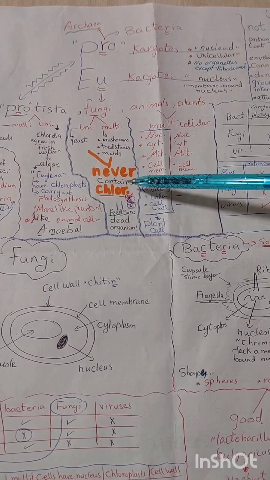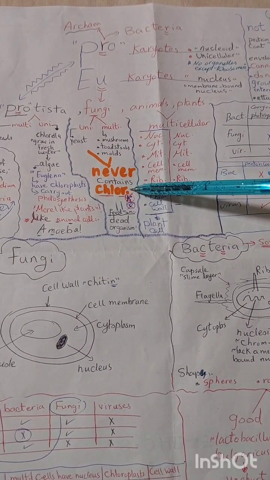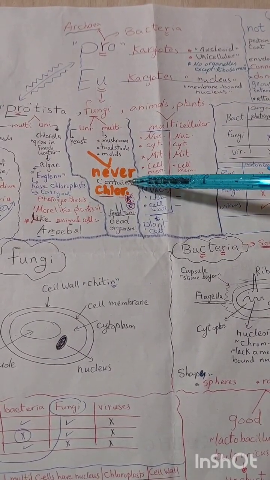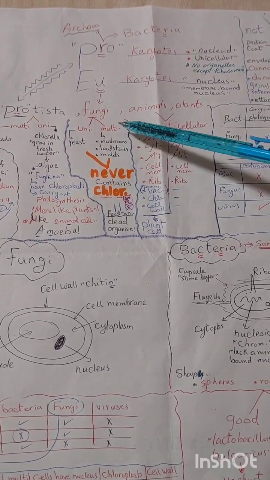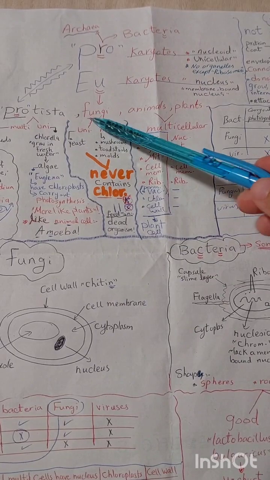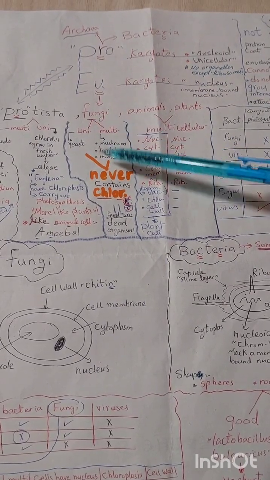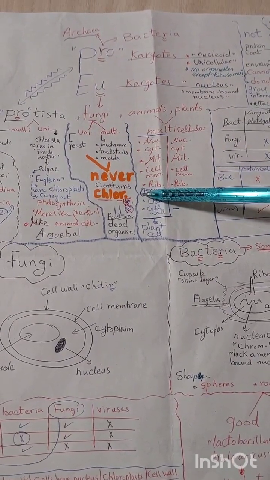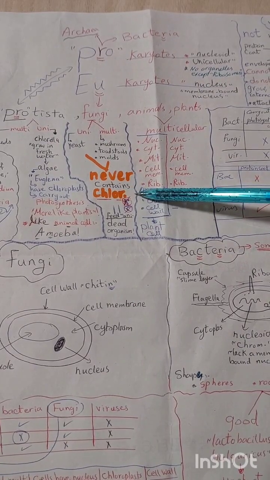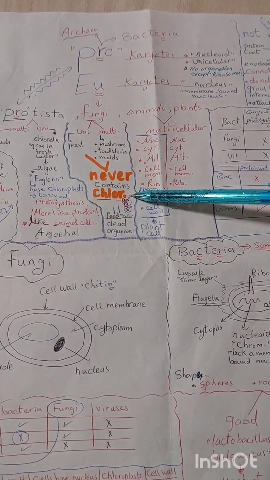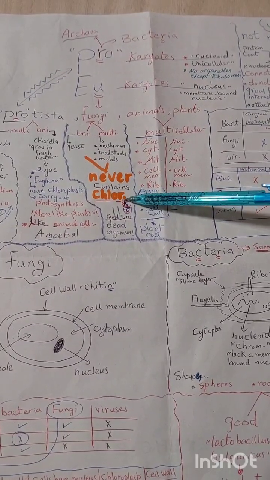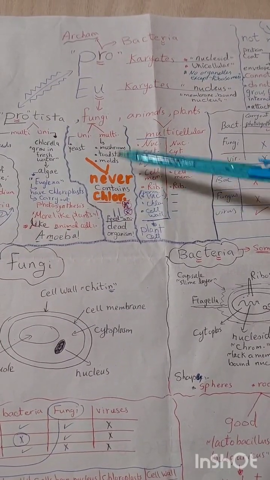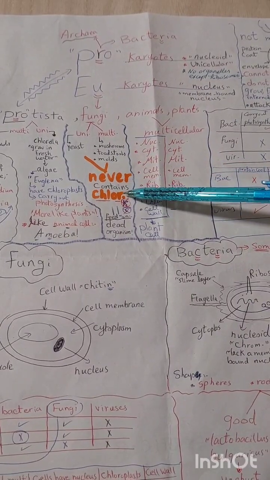And let me show another trick for you to remember that. Chloroplast, no similar sounds, no similar letters for fungi. Fungi, chloroplast. So no similar letters, no similar sounds. So fungi and chloroplast are not friends. So fungi never contain chloroplast.